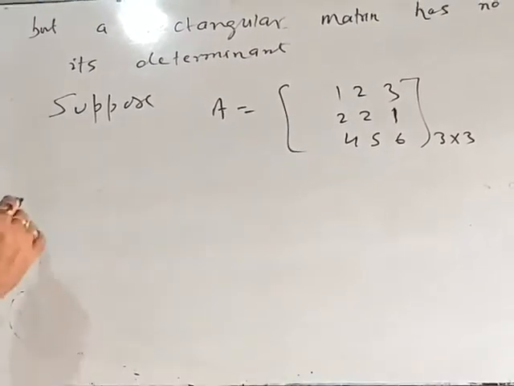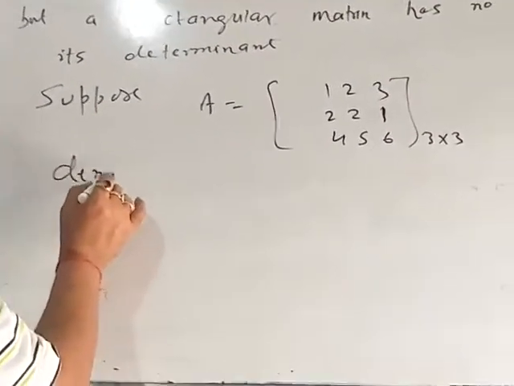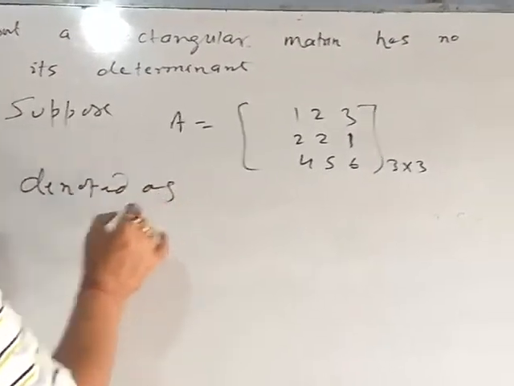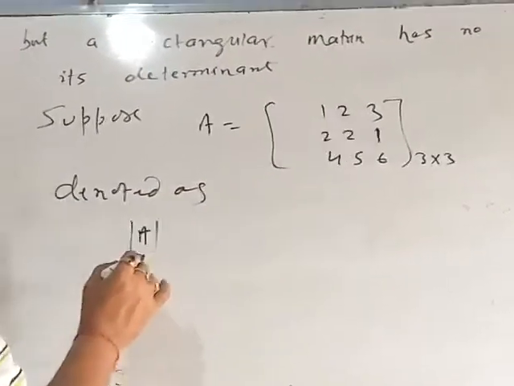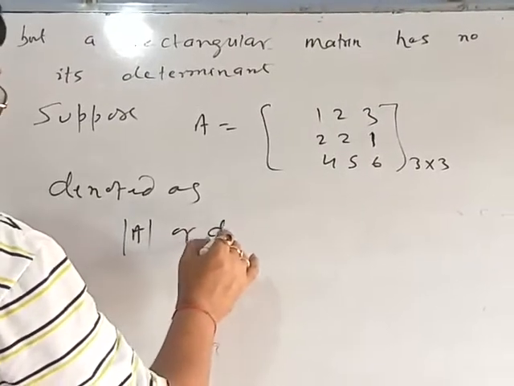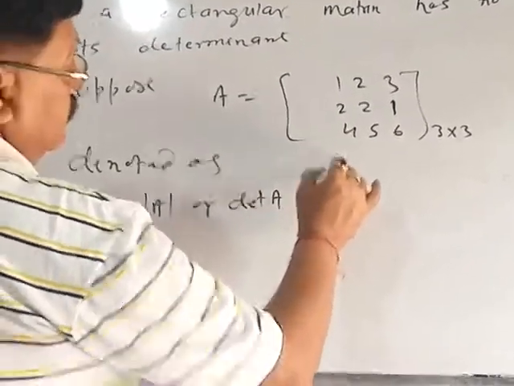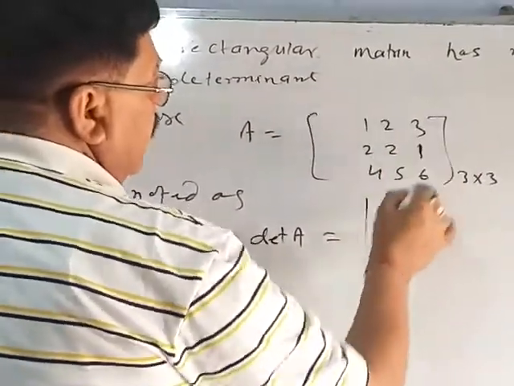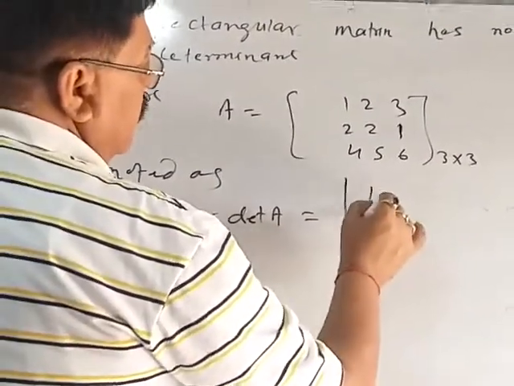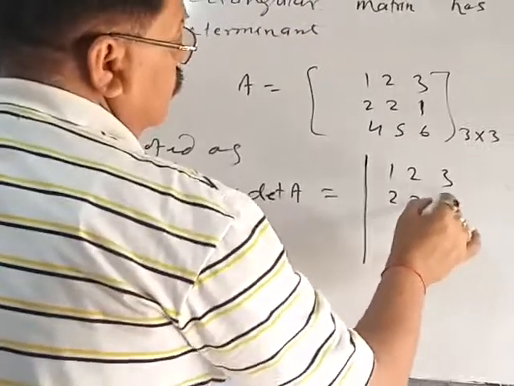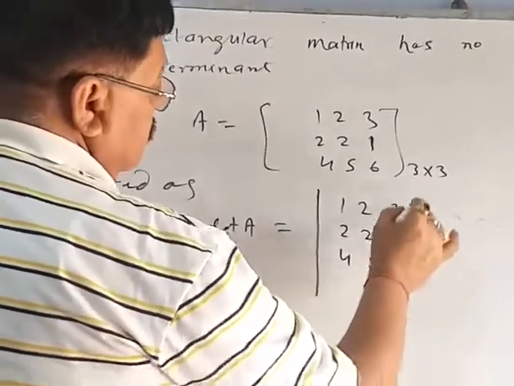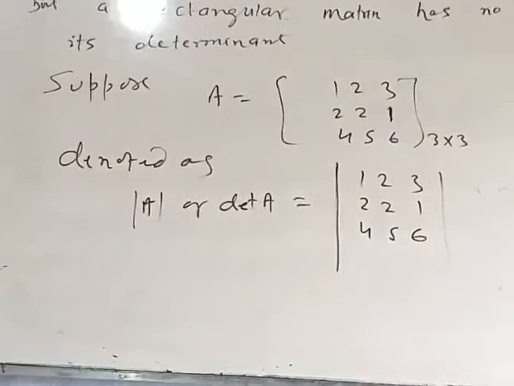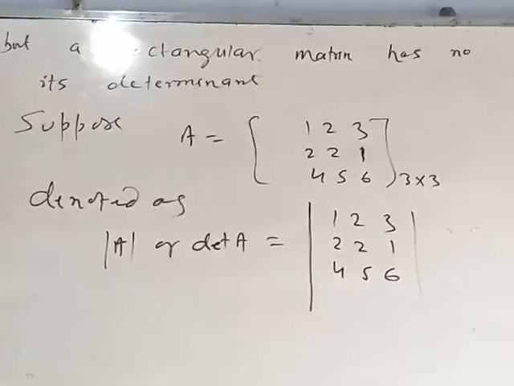It is denoted as determinant A, or det A, equal to, with this symbol changed to a big bracket, 1, 2, 3, 2, 2, 1, 4, 5, 6. It is a determinant of this square matrix.